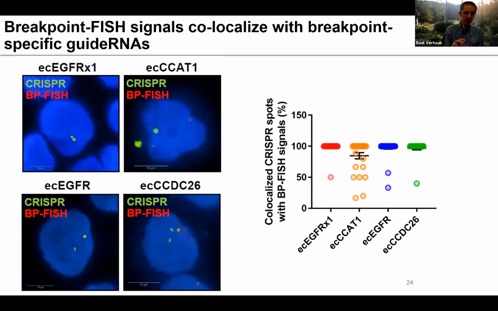We then used breakpoint FISH to validate that the guide RNA tagged with fluorescent molecules can indeed tag that specific breakpoint, and that is shown here for all 4 of the breakpoints that we attempted to tag. So we can see a very close proximity of co-localizing CRISPR signal with the breakpoint FISH signal, validating that this method works.